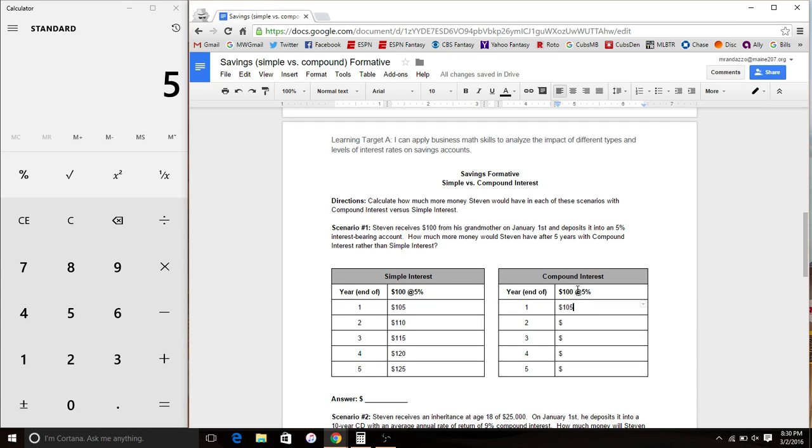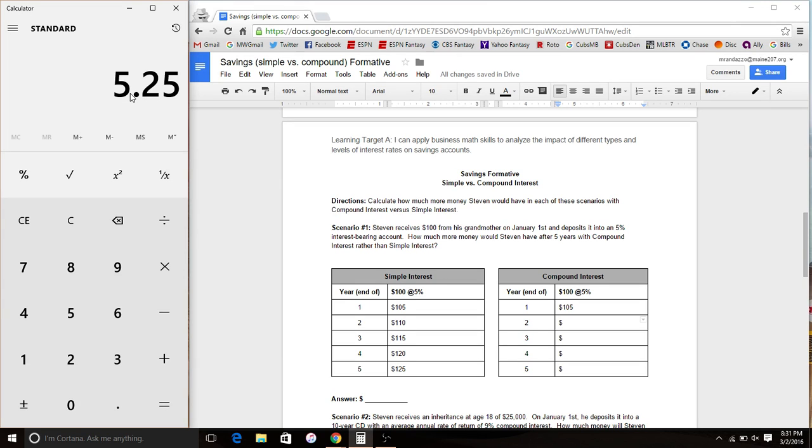With compound, though, they will give you the 5% interest not only on the 100, but on the interest too. So you're going to do interest on the whole 105. Okay, so we are going to do 105 times 0.05. That means that we made 5.25 in interest.